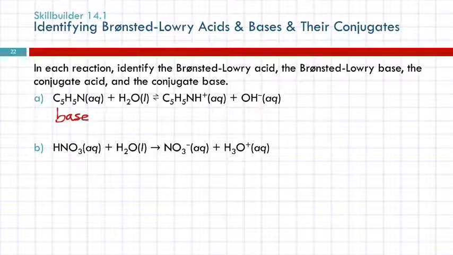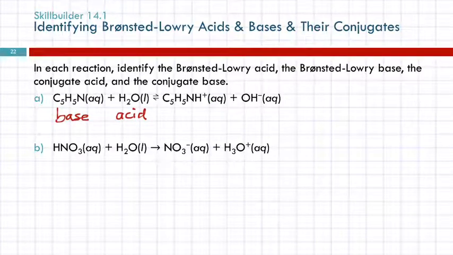So that's the base. This water went from H2O to OH minus. It donated its hydrogen ion to the base. So here, this is the acid. We're just looking at where the hydrogen went. The hydrogen went from this one to that one. So this is the base, it's accepting it. This is the acid, it's donating. Over here, we match these up with their corresponding reactants.